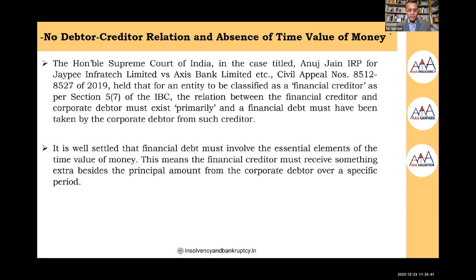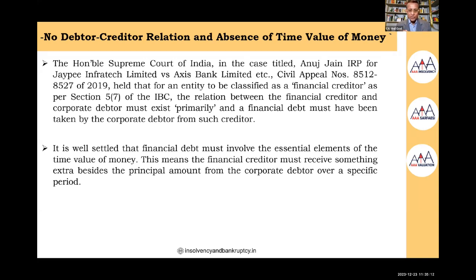The Supreme Court further says that it is well settled that the financial debt must involve the essential element of the time value of money, because there is no interest which is coming on the corporate debtor. Whatever interest is being paid, that is being paid by the other entity. So there is no time value of money in this case. This means that the financial creditor must receive something extra besides the principal amount from the corporate debtor over a specific period.